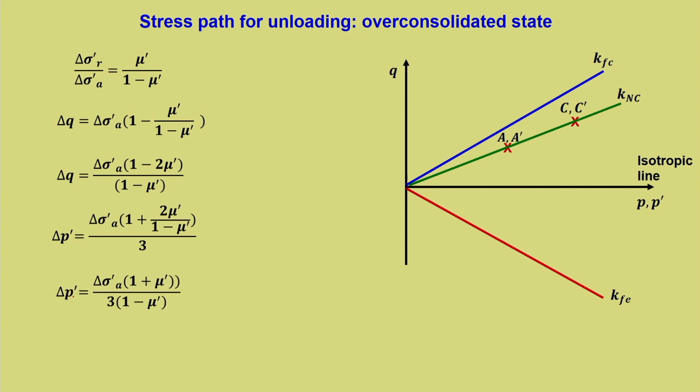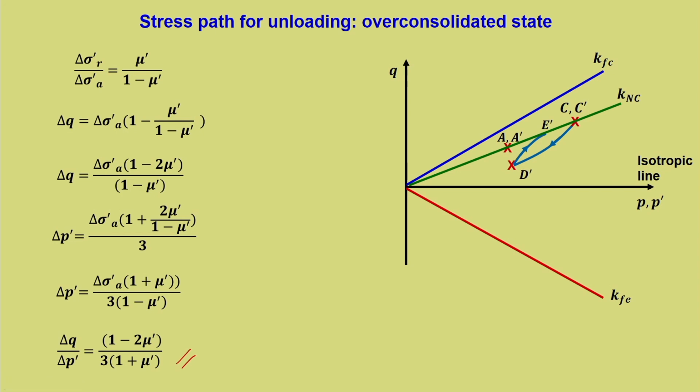Here you have delta p dash is equal to delta sigma a dash into 1 plus mu dash by 3 into 1 minus mu dash. So, this will give the slope delta q by delta p dash is equal to 1 minus 2 mu dash divided by 3 into 1 plus mu dash, and the slope of the unloading line will look like C dash D dash and D dash E dash. So, that is how it looks like.